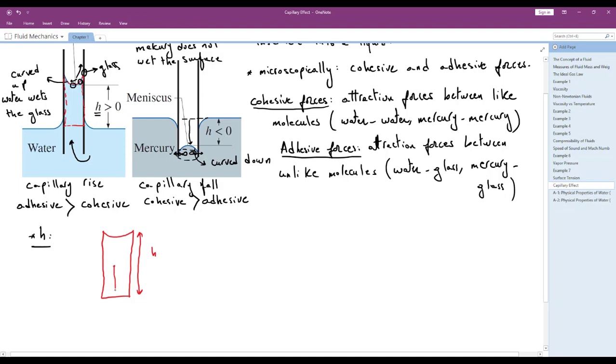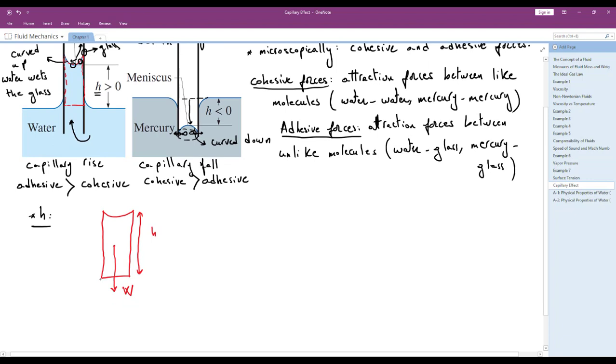So we'll have the weight downward, and of course we have a pressure distribution at the bottom and a pressure distribution at the top. However, at the bottom, if we take 2 points, one inside and one outside of equal pressure, we will see that the pressure distribution at the bottom is equal to the atmospheric pressure. So the two forces at the bottom and the top will cancel out.